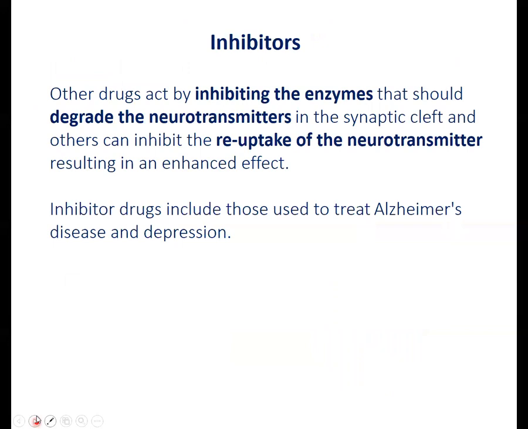A third type of drug are drugs that inhibit the enzymes that degrade the neurotransmitters. Do you remember we said that for a neurotransmitter like acetylcholine, for it to move back into the presynaptic neuron, it first of all needs to be broken down by an enzyme so that the products can move back into the neuron, ready for when it's needed next time.